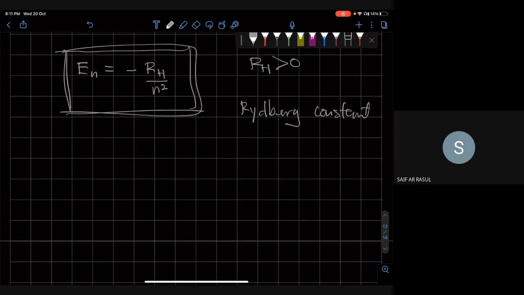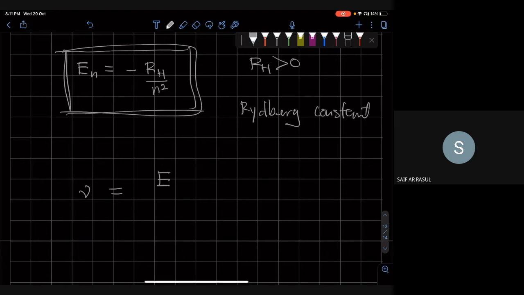So now we can figure out the frequency between, say, two different energy levels.